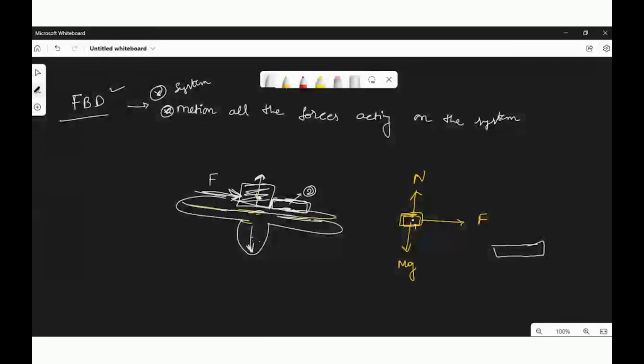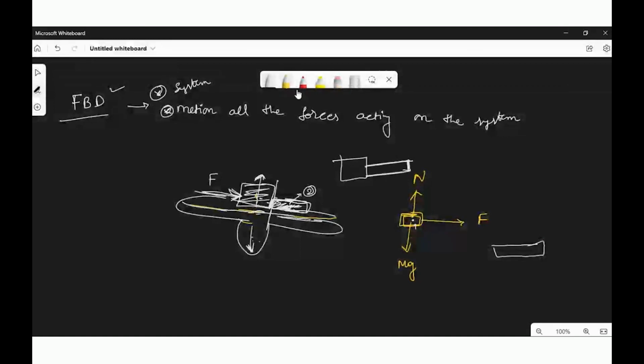But because of this force, this object will move forward. It will give the second block a kind of push. That can be said to be some normal reaction, because I can see this block and the small block are in contact with each other.